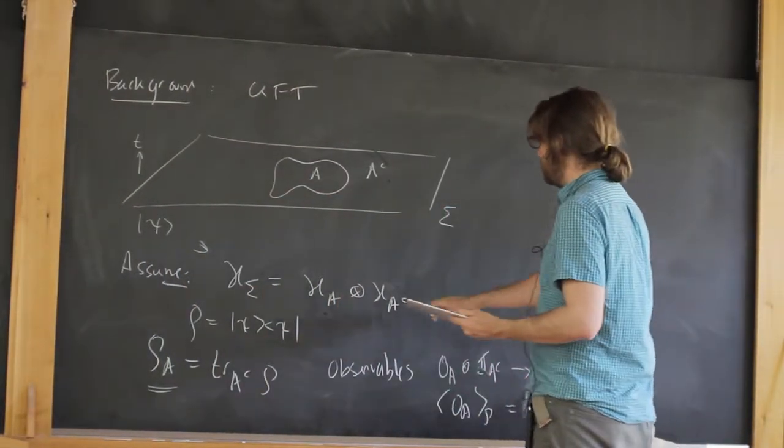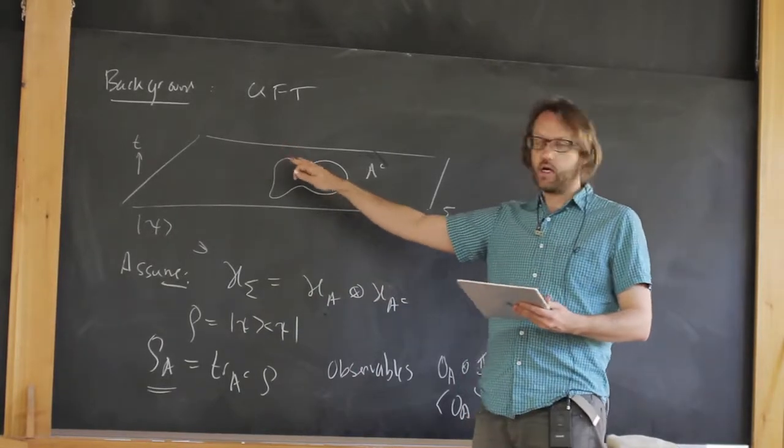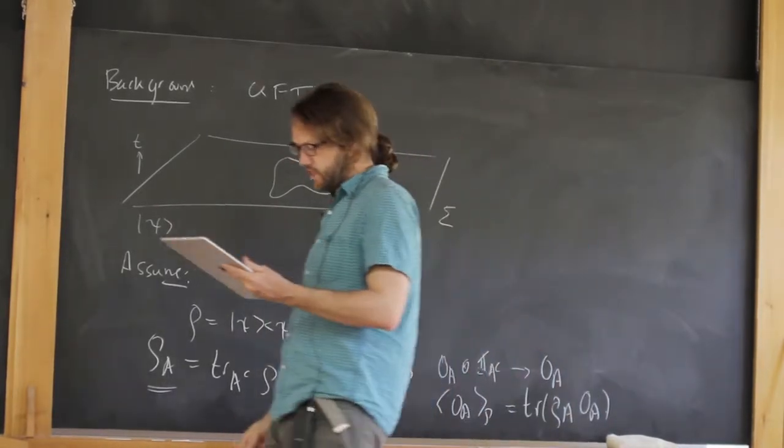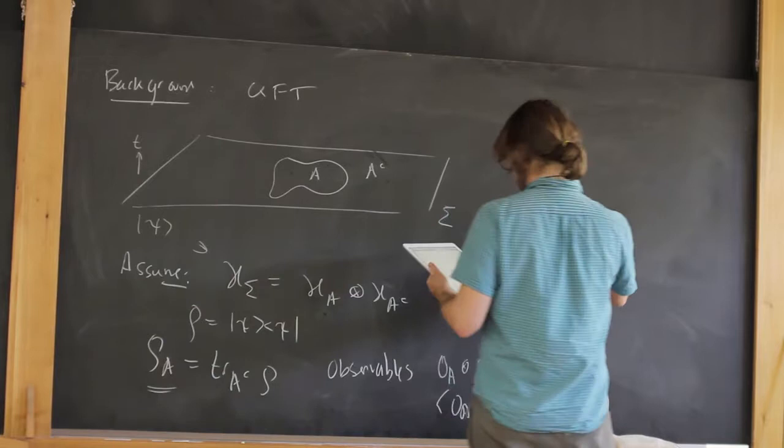Actually, the observables that we can describe in relativistic quantum field theory are a little bit bigger.